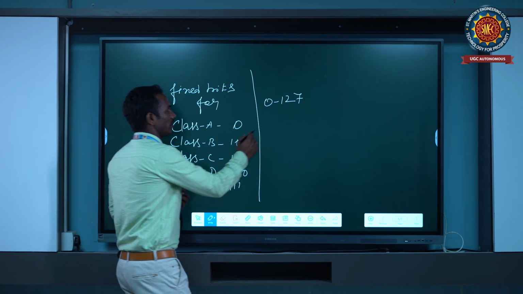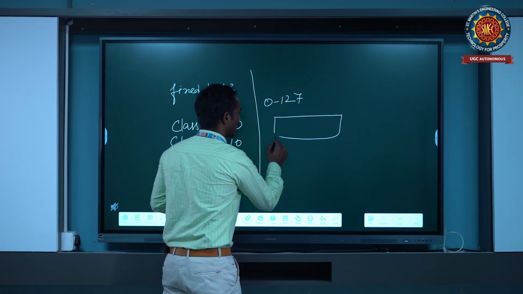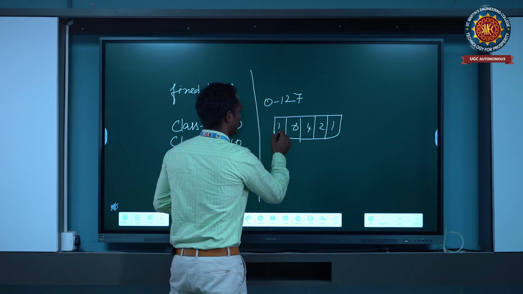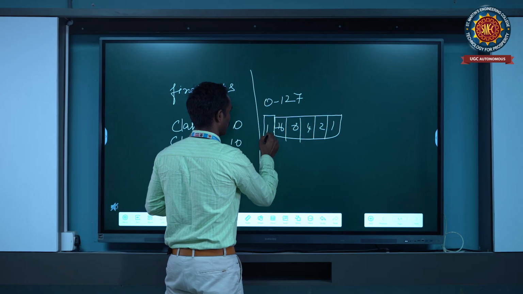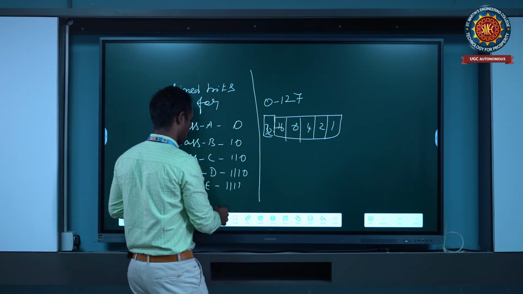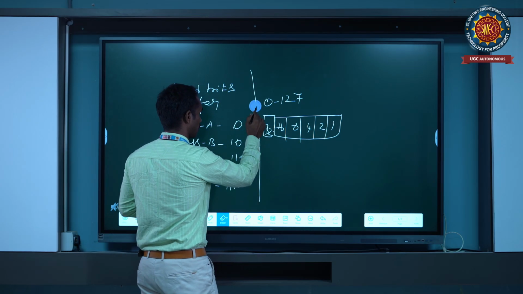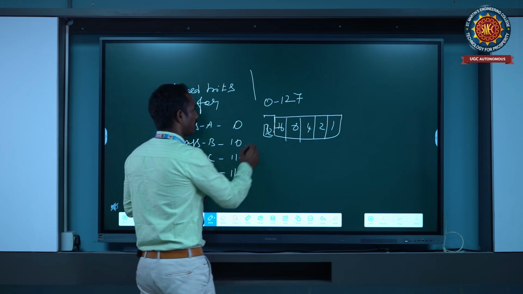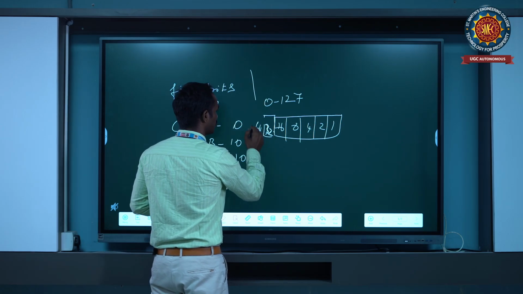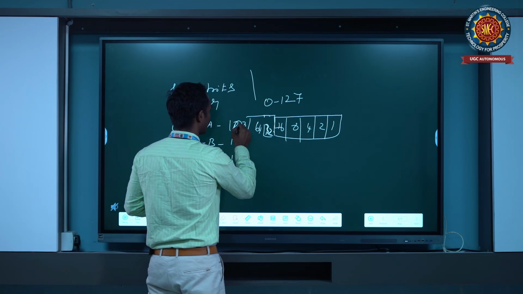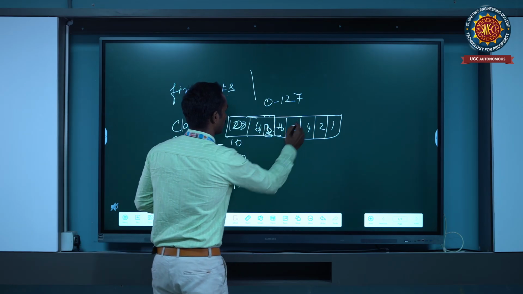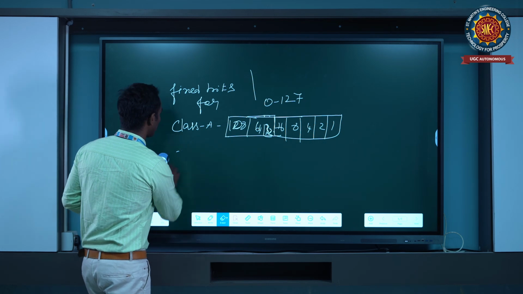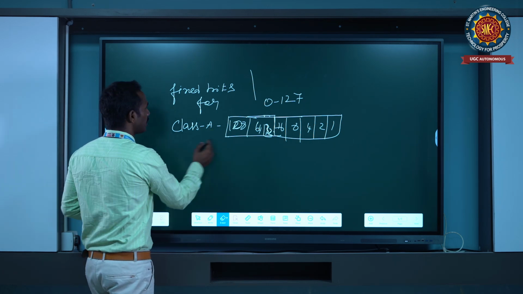So first we have to write the 8-bit values: 1, 2, 4, 8, 16, 32, 64, and then 128. The class A fixed bit is 0.